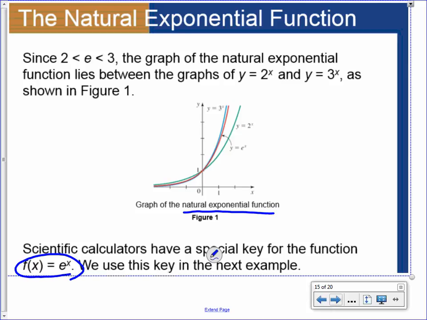Well, because e is approximately 2.718, if you were to sketch its graph, it's going to be somewhere in between y equals 2 to the x power and y equals 3 to the x power, because e is between 2 and 3, a little bit closer to 3. So the red graph here represents y equals e to the x power. You may have noticed on your calculator that you actually do have the value e.